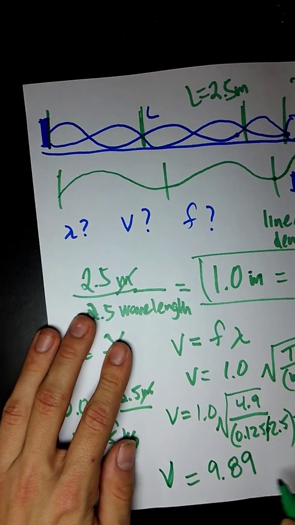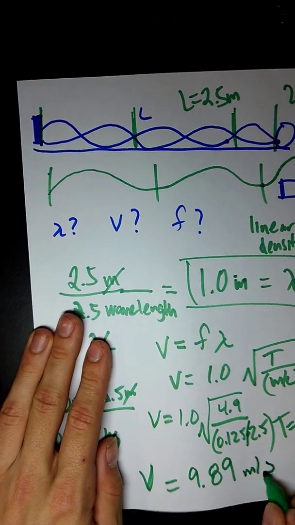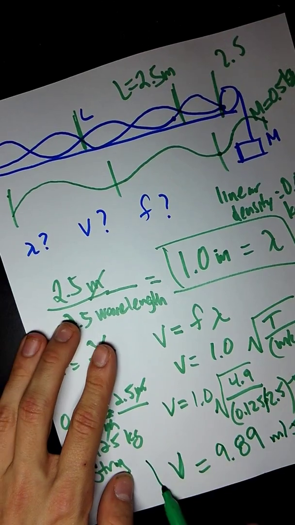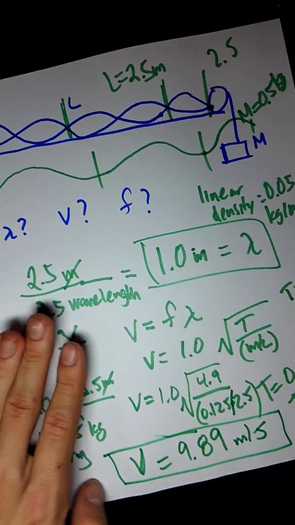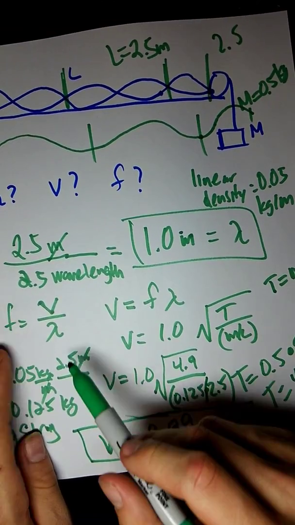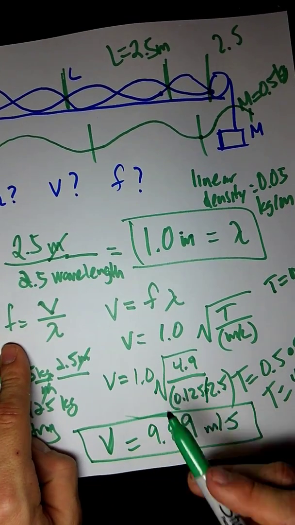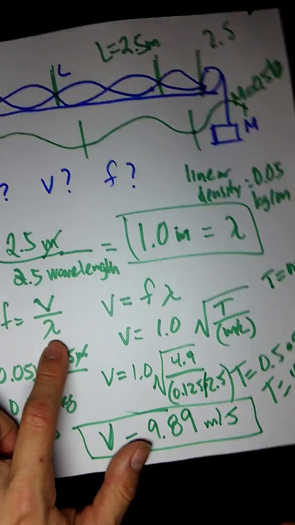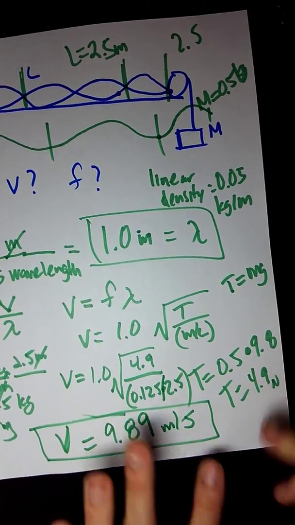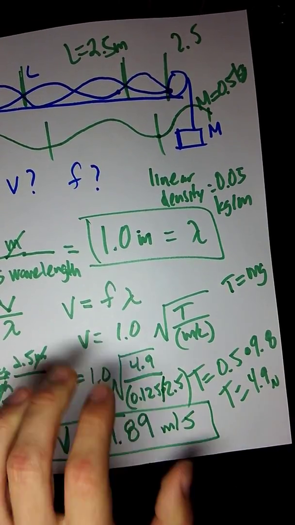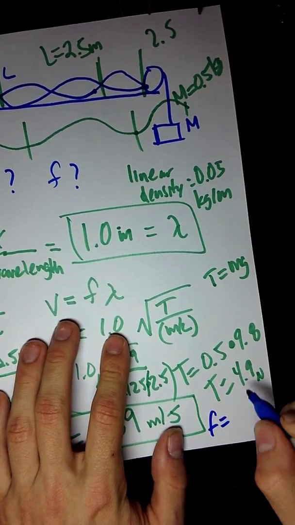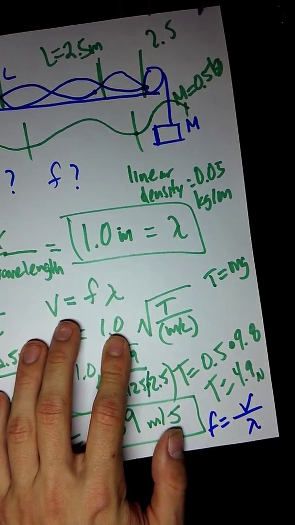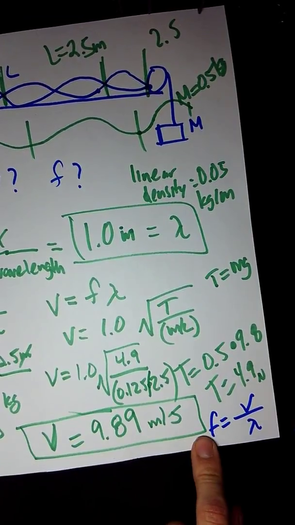And very simply, my frequency is also equal to this, and the reason is because my wavelength is 1. So really quickly, I'm going to do this down here at the bottom: frequency is equal to velocity over wavelength. They want me to solve for frequency.